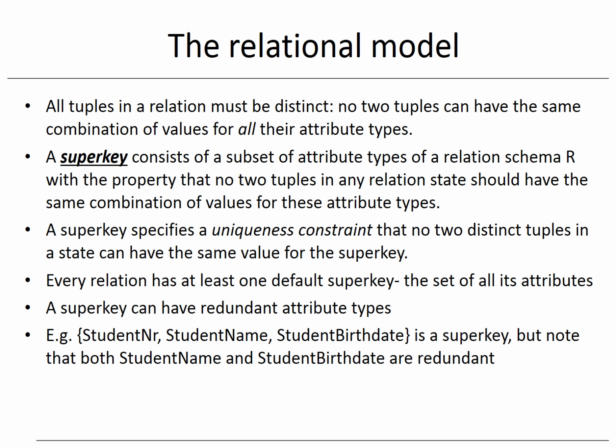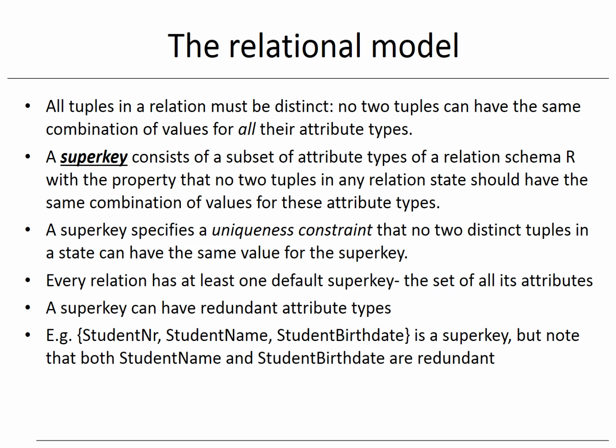To understand the key and uniqueness constraint, we first need to discuss the concept of a key. As we already mentioned, a relation is a set of tuples. Hence, all tuples in a relation must be distinct. No two tuples can have the same combination of values for all their attribute types.